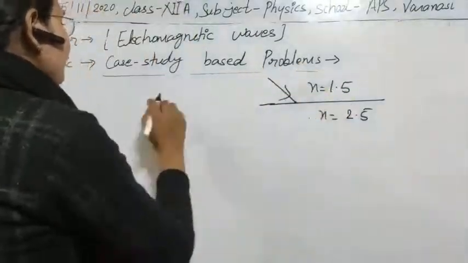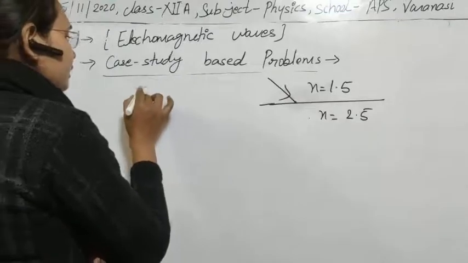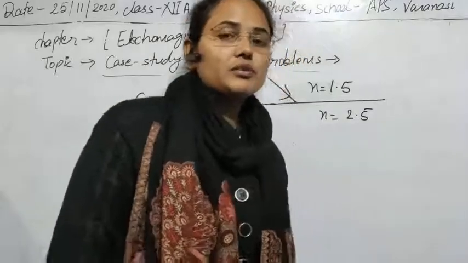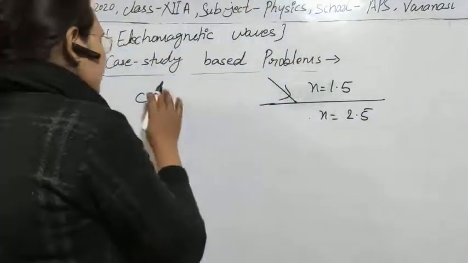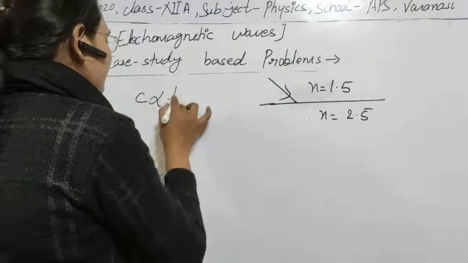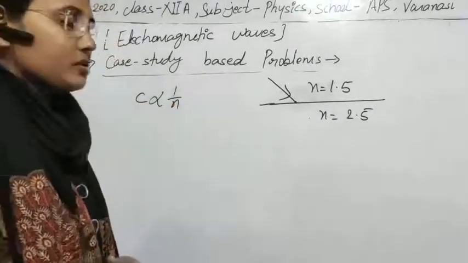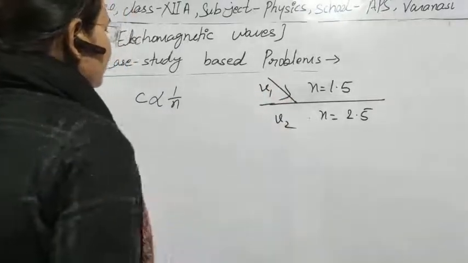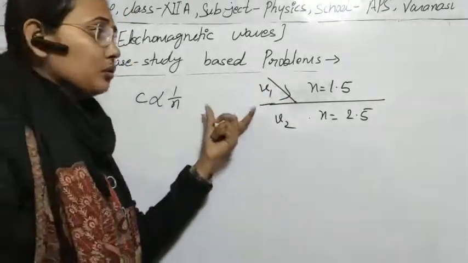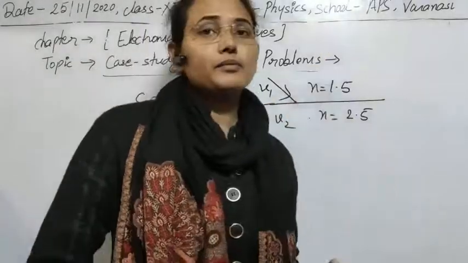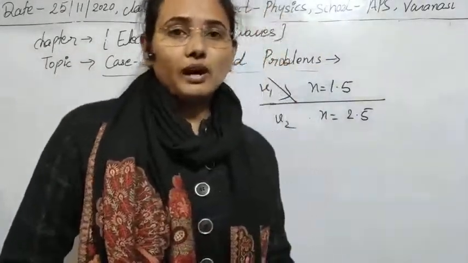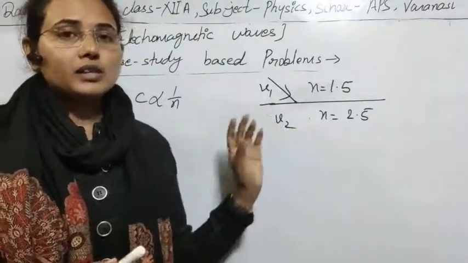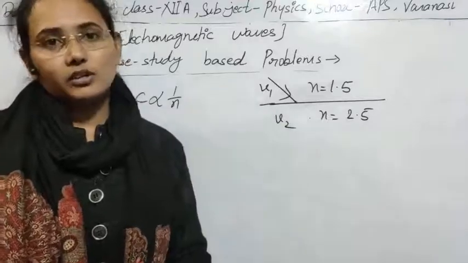As you know, the velocity is inversely proportional to the refractive index. Since this is inversely proportional, you can write v1 and v2 as the velocities and directly use it. You already know these things with the help of Snell's law, where you have seen the correlation of refractive index with velocity.